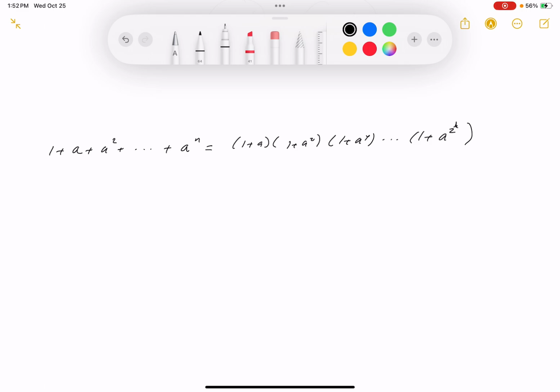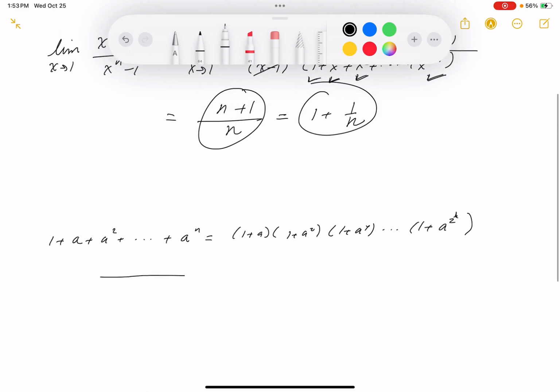So we just did the geometric thing, so I think I can write that down pretty quickly. I'm going to write, one of two ways you could write it. Maybe I should go through that again. If I wrote this down, S equals 1 plus a plus a squared up to a to the n.